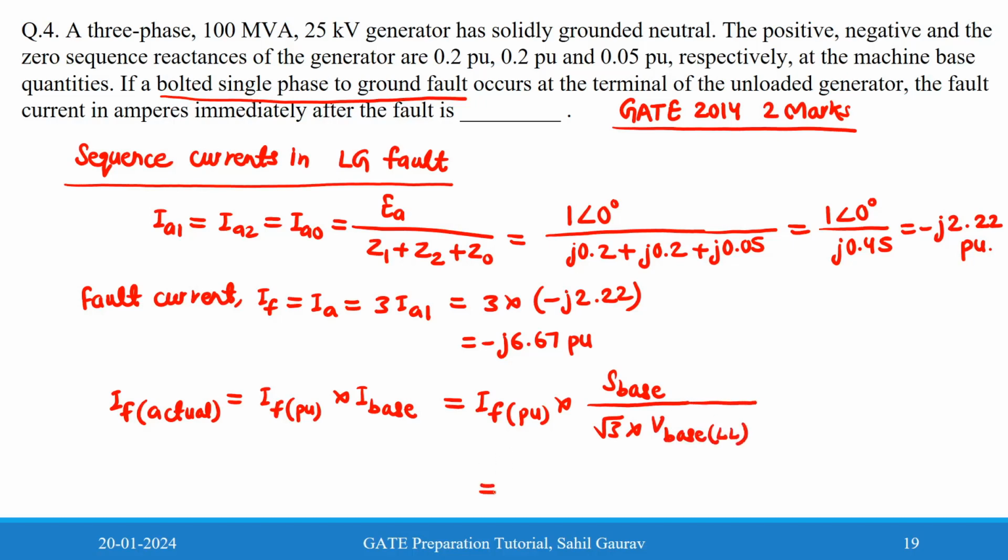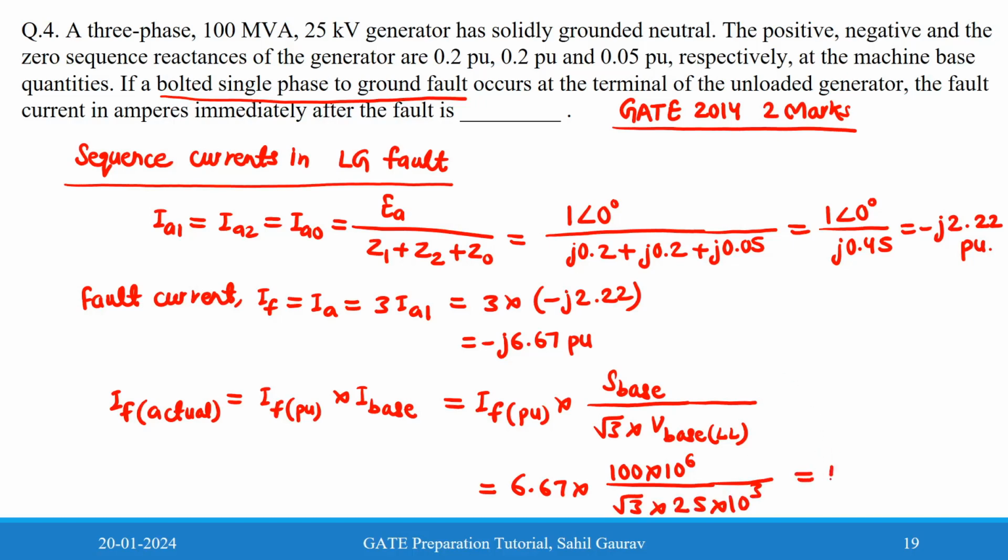So IA per unit will be 6.67. S base is 100 MVA divided by root 3 times of V base LL, that is 25 into 10 to the power 3.